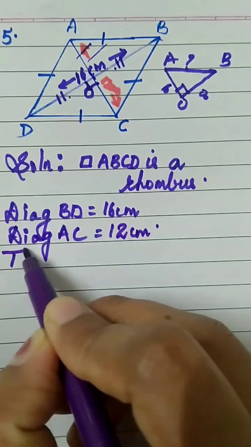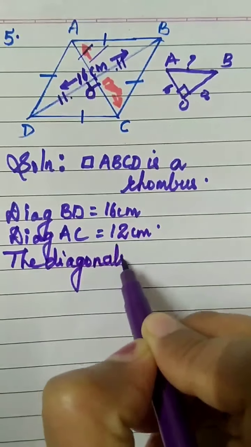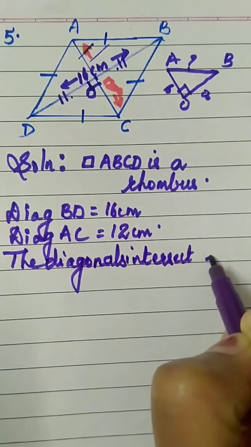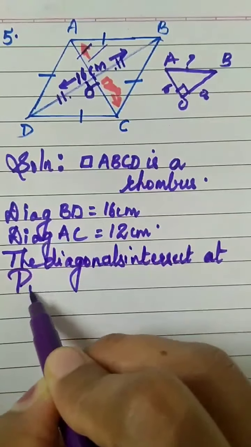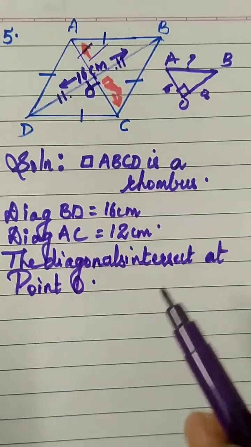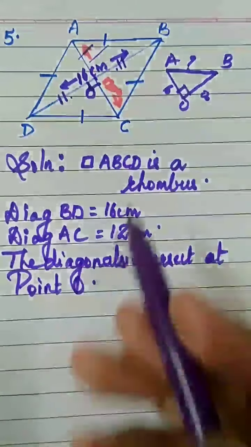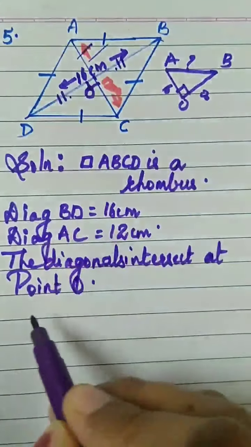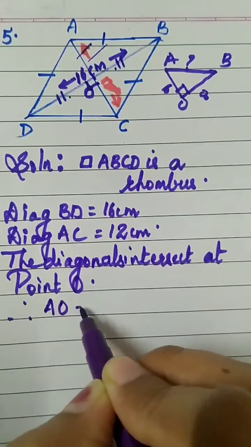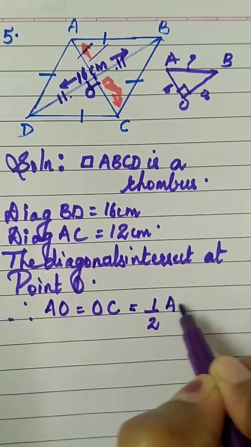Then the diagonals intersect at point O. This also we specified. Now let us show that the diagonals are divided into two equal parts. So you will write, therefore, because it is a rhombus, AO is equal to OC is equal to half of AC.